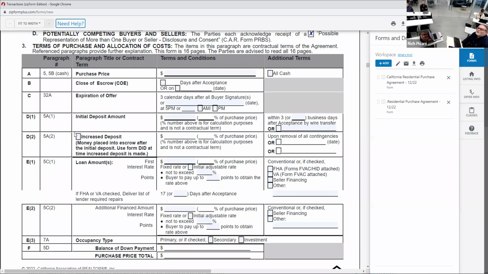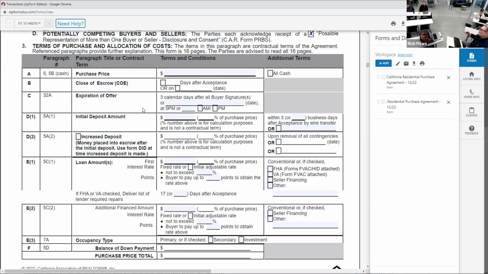Then there's something called increased deposit. You're very rarely going to see an increased deposit. An example would be: I'm going to put $5,000 down now, and then when my inspection is done, or when the seller gets a certificate of occupancy that they don't have yet on an ADU, some action is happening, and after that action, you're then going to increase your deposit.